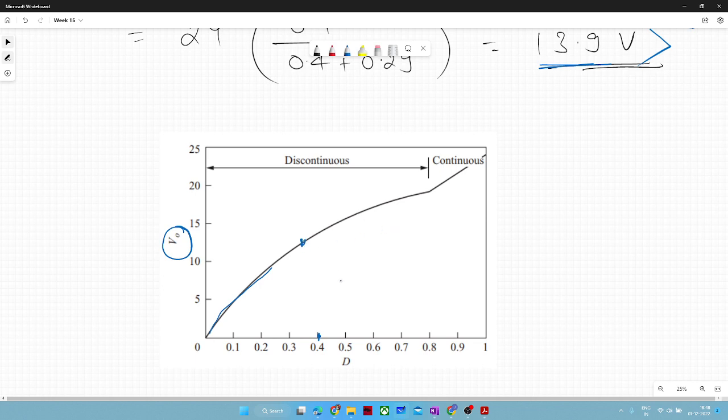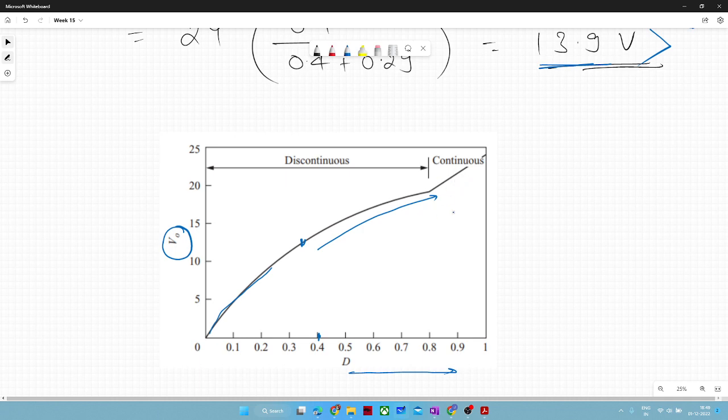As we increase the duty ratio, at some point your converter will come into continuous mode, and after that point you will lose all the issues of discontinuity.